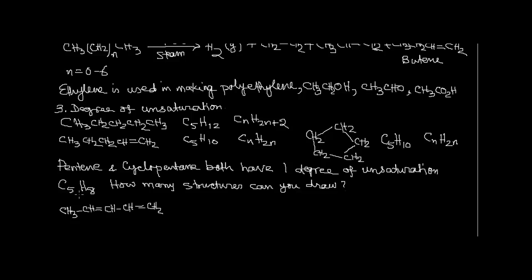In order to make C5H8, I have to have 2 double bonds or 2 cyclic structures. See, over here, with one cyclic structure, C5H10, the number of hydrogen atoms decreased by 2 from 12 to 10. So now from H10 to H8 is another cyclic structure. So I can draw them with 5 carbon. I can draw like this.